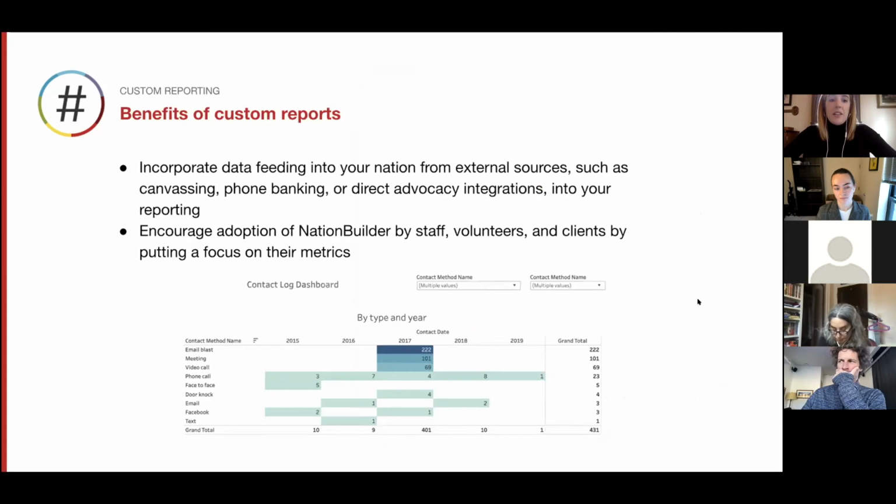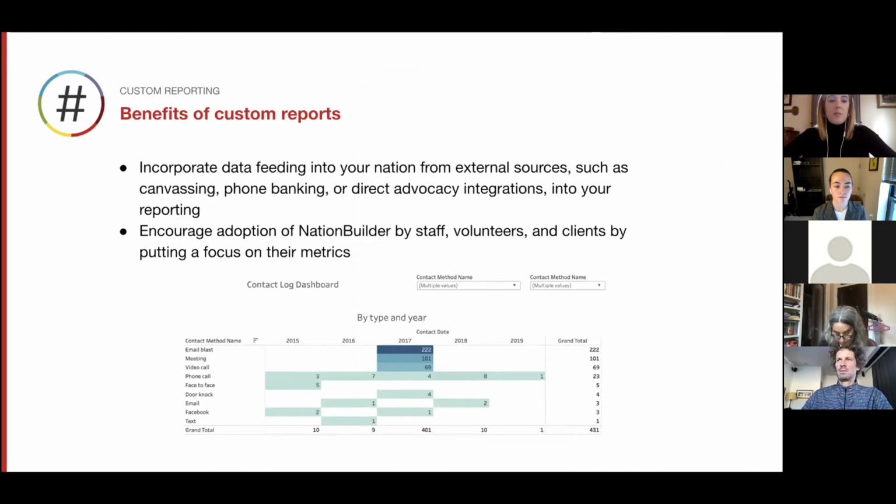And then finally, more benefits of custom reporting. Two things that I think are really important. One is that many people, I assume on this call and just in general, supplement NationBuilder with apps or integrations, a third-party tool that brings data back in.